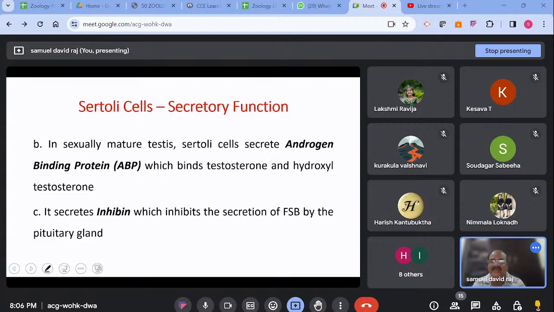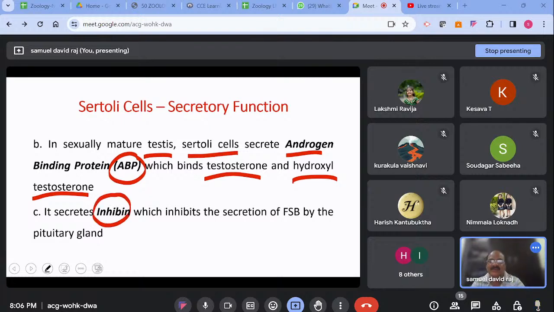And secondly, it secretes another hormone. In sexually mature testes, Sertoli cells secrete androgen binding protein. The name itself says it binds testosterone, that is androgen, the male sex hormone, and also it binds hydroxytestosterone. And the third one is inhibin. It is responsible for the inhibition of the secretion of follicle stimulating hormone, FSH, by the pituitary gland.